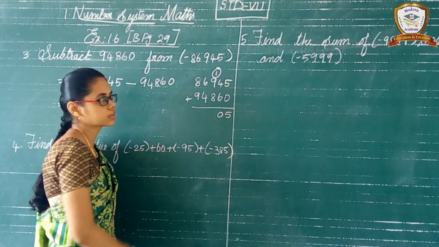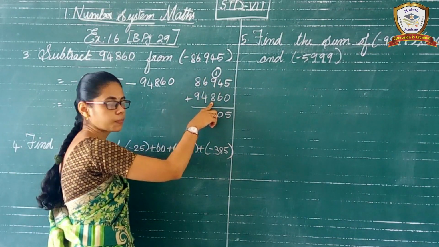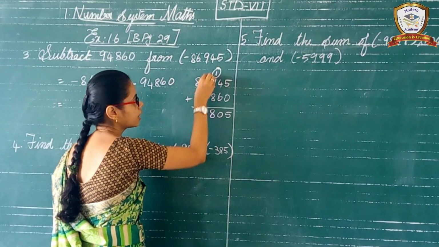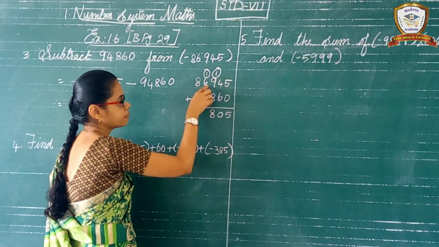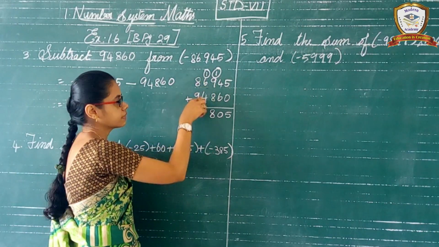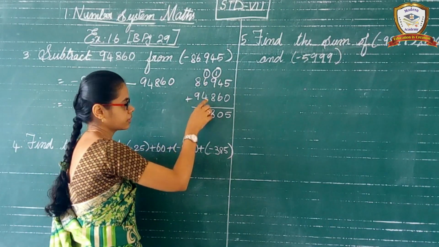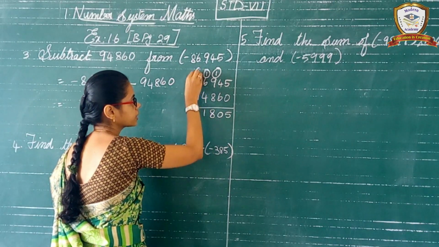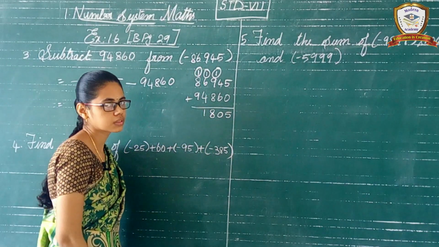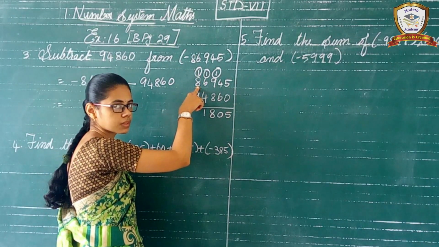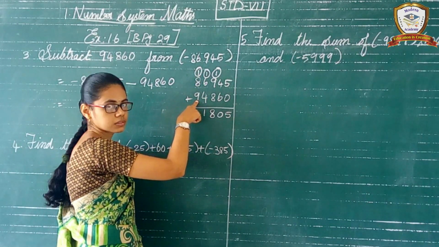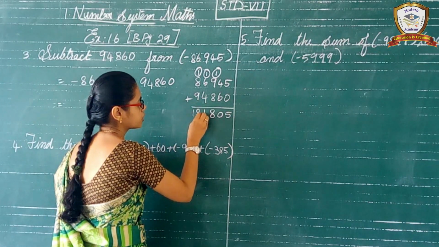So 1 plus 9, 10. 10 plus 8, 18. So 8 here and 1 carry goes to the next number. Next, 1 plus 6, 7. 7 plus 4, 11. So 1 here and 1 carry goes to the next number. Okay, and we have to add 1 plus 8, 9. 9 plus 9, 18. So write here.